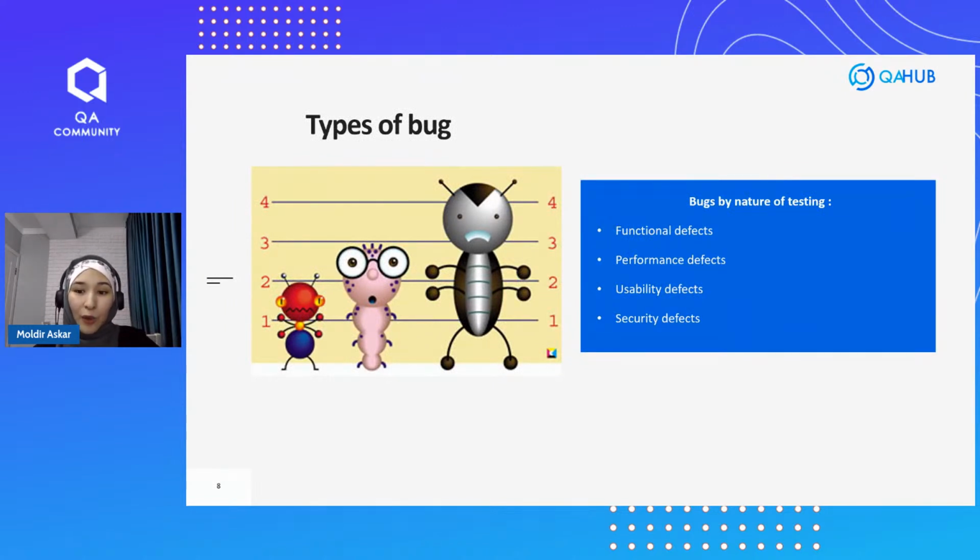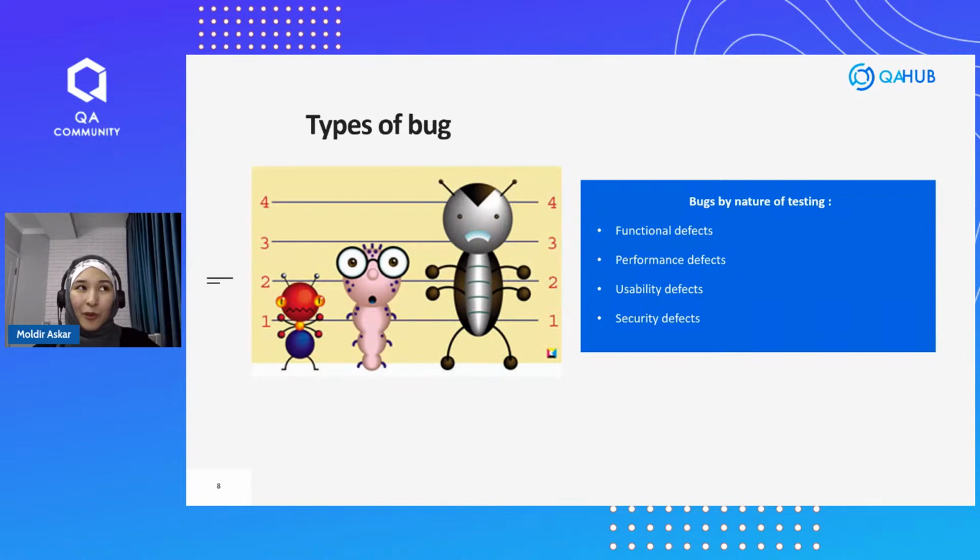I want to note the types of bugs after the life cycle. We have many types of bugs, but today I want to tell you about only four types, classified by nature of testing. First are functional defects, functional bugs.